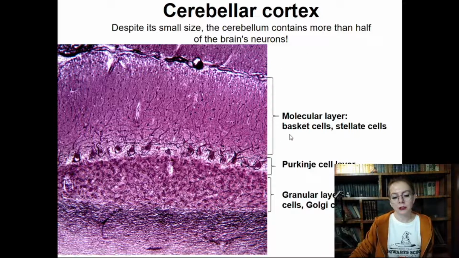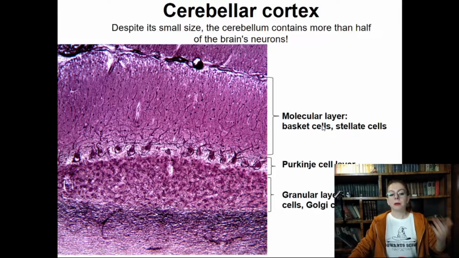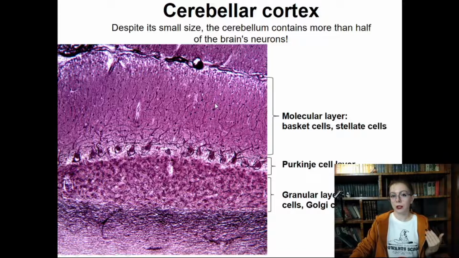The outer layer is molecular, and it contains only 2 types of neurons, basket cells and stellate cells. Here their nuclei are, and it is called molecular because comparing with other 2 layers, it has only a few cells.